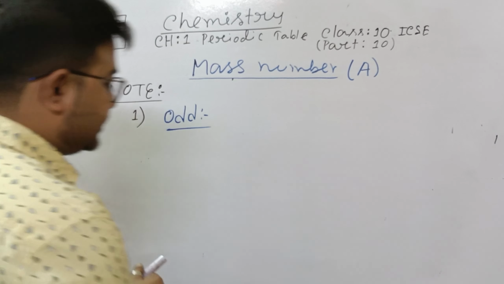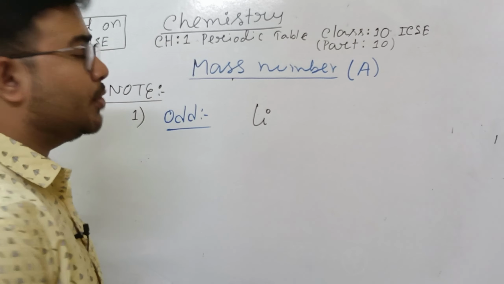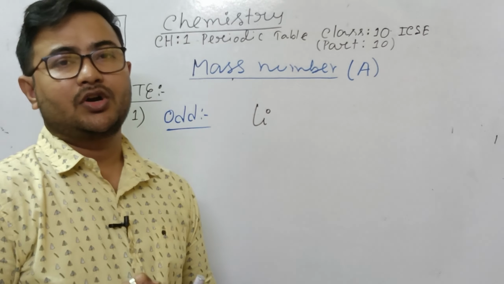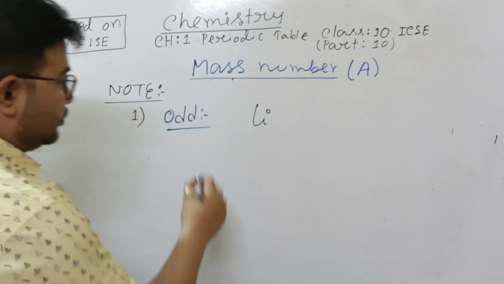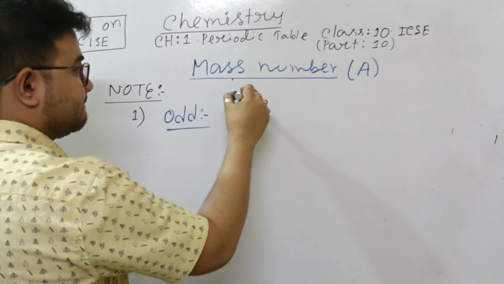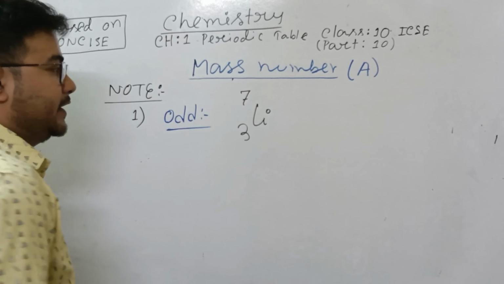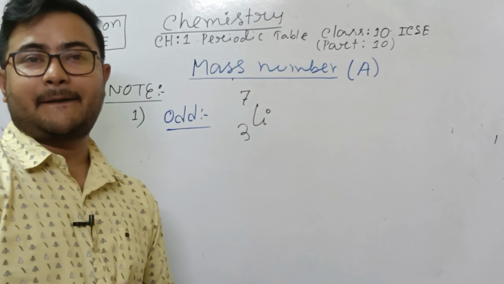Give me an example of an atom having an odd number of protons. First consider lithium. What is the number of protons in lithium? Hydrogen 1, helium 2 and lithium 3. So look at the board, 3. What is its mass number? 7. Can you tell me any formula here?